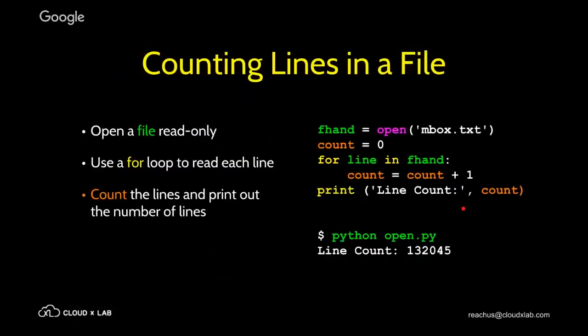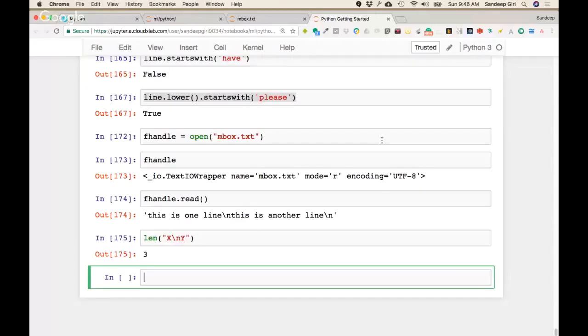All right, so let's say we want to count the number of lines in a file. What we do is we open the file, and then we say for line in this handle, keep on increasing the count, and then we print the line count. We can use this to find out the number of lines in this file. So we can actually do it easily.